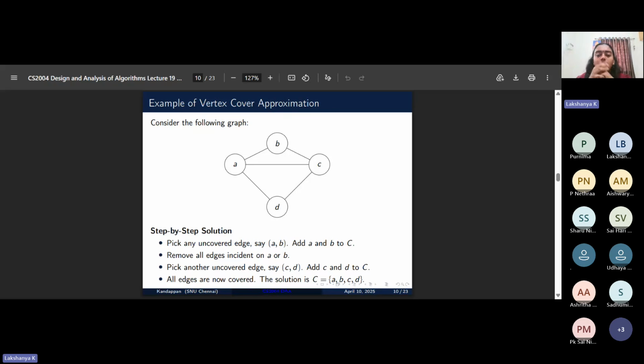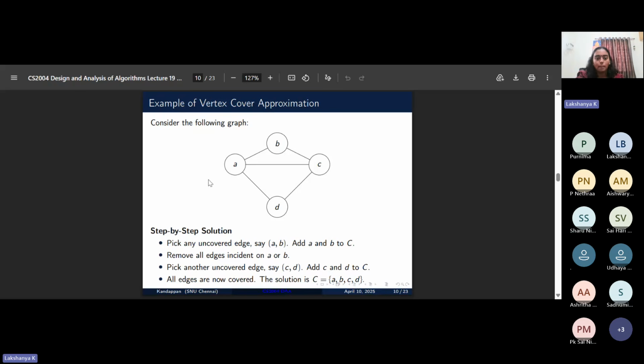When you do reductions, you mostly deal with the decision version, or the kind of version where you say give me a solution. That is what we'll be talking about. But when it comes to approximation algorithms, the whole idea is I cannot find the optimal, so I want to find something that is close to the optimal. So a solution is not good enough. I have to prove that this is close enough to the best.